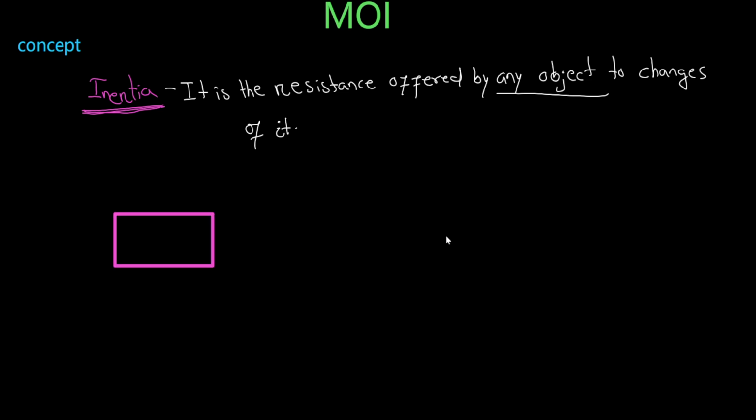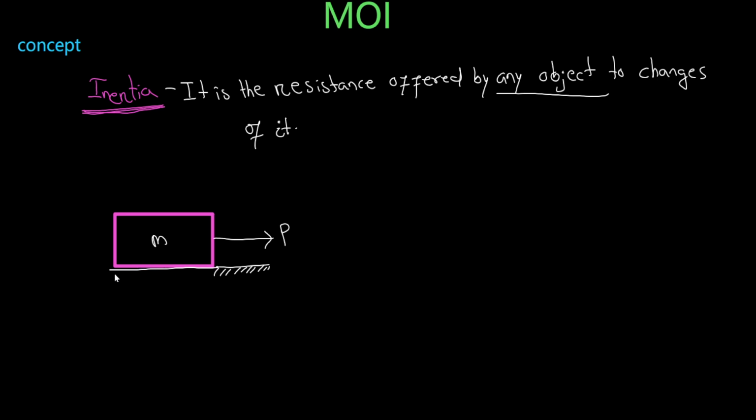Let's see some examples. Suppose this is a block having a mass of m. Suppose I'm applying a force of P Newton, trying to displace this object in this direction, because the block is placed on a horizontal surface.